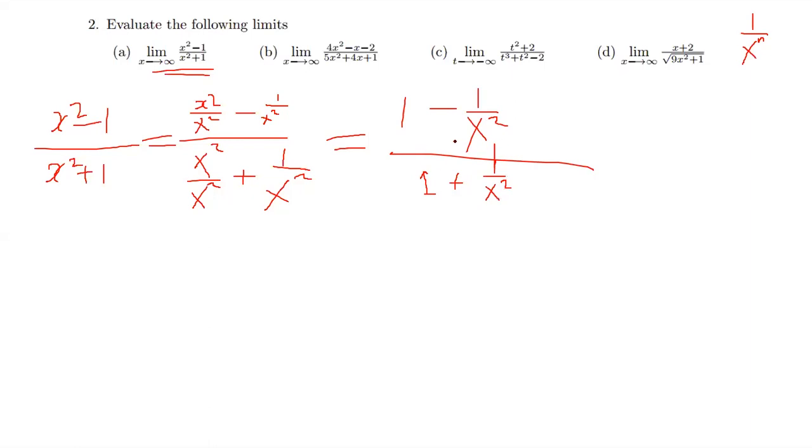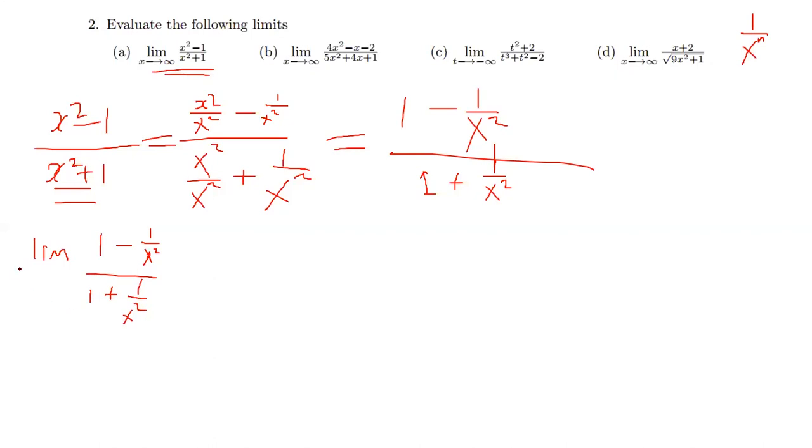We know that the limit of a constant, which is the limit of 1. Okay, let me just write this. Finding the limit of this is just the same as finding the limit of 1 minus 1 over x squared, over 1 plus 1 over x squared.